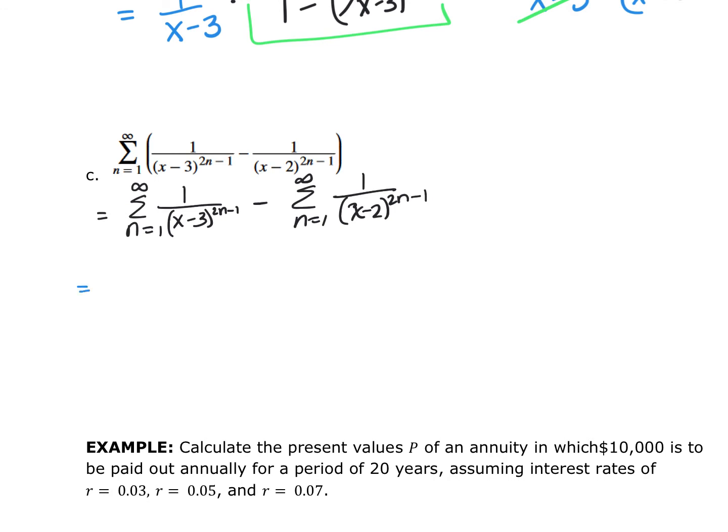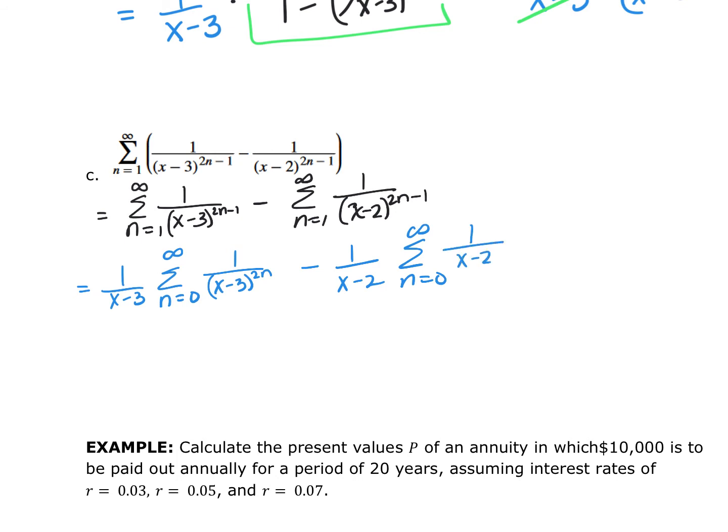I'm going to jump right to what I need. This is going to be 1 over x minus 3, the summation of n equals 0 to infinity of 1 over x minus 3 raised to the 2n, minus 1 over x minus 2, the summation of n equals 0 to infinity of 1 over x minus 2, the 2n.